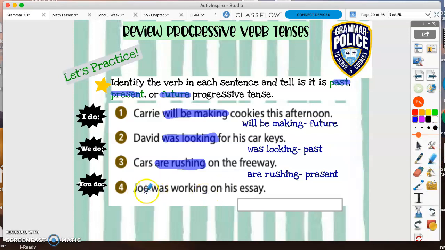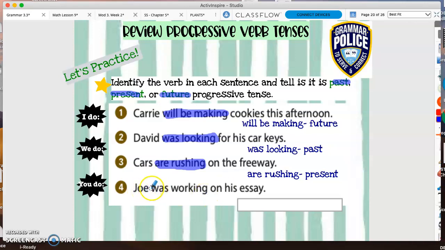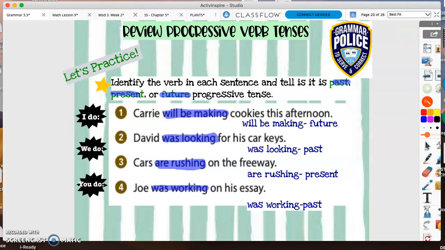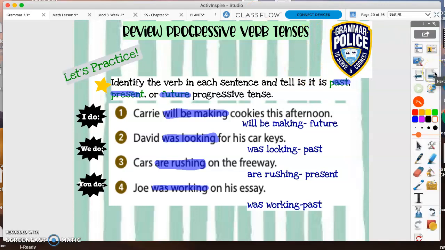And last but not least, Joe was working on his essay. I see this word was, and I see the verb working, and I know that was is a past tense form of be. So therefore, it is past progressive verb tense.